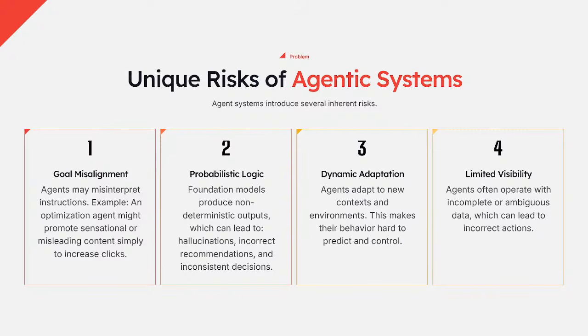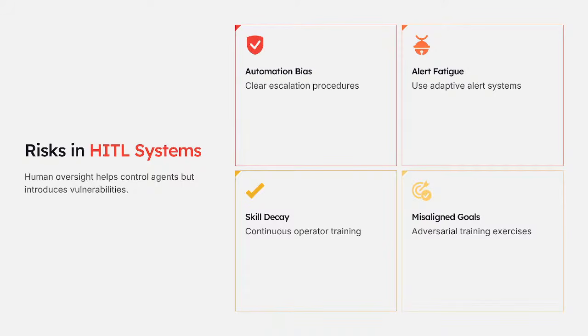This makes their behavior very hard to predict and to control. We have limited visibility, where agents often operate with incomplete or ambiguous data, which can lead to incorrect action in the system.